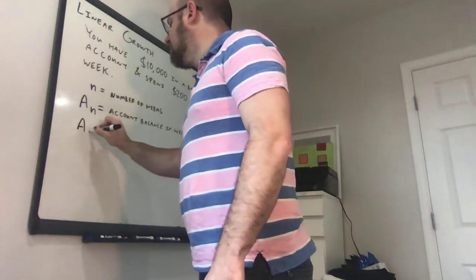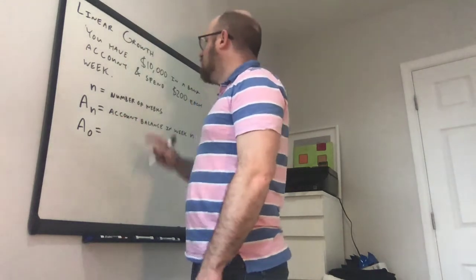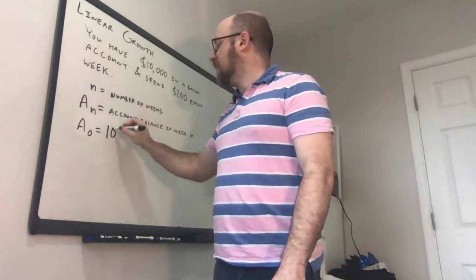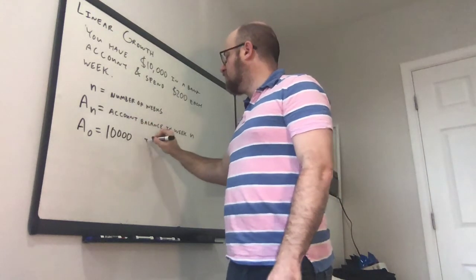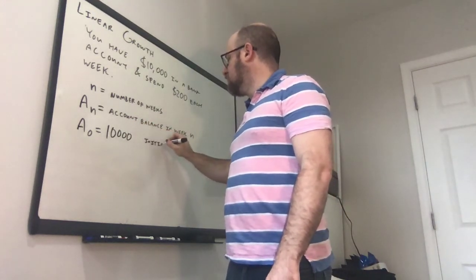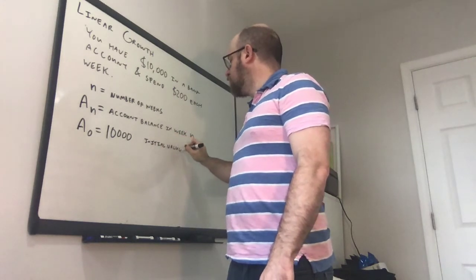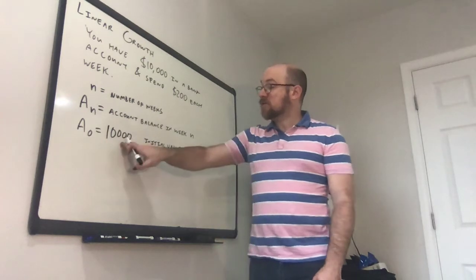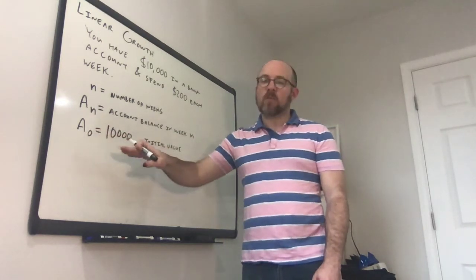So a sub 0 would be the value in week 0 when we start off. So 10,000. This is also called the initial value. Okay, so we'll throw that around a lot. So the initial value is 10,000. That's a sub 0.